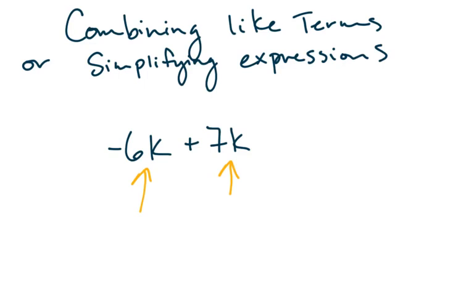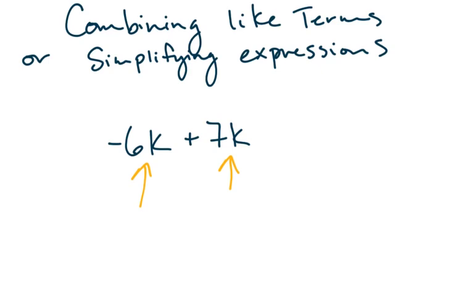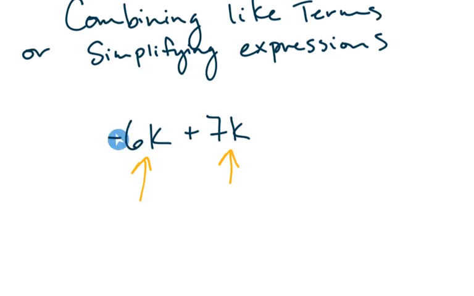And positive 7 plus negative 6 is positive 1, because these 6 negatives are going to make 0 pairs with 7 of these positives, and there's going to be only 1 positive left over. And then this is a good reminder, because remember, this would come out to be 1k, but like I told you, in math we rarely write 1k.